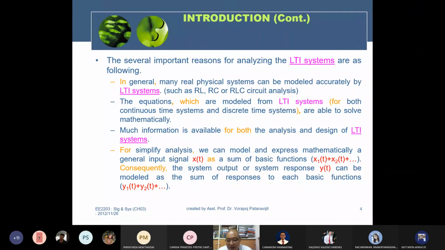It means if the input of an LTI system is complicated, instead of analyzing it as a whole, you can separate it into simple inputs x1, x2, x3, x4. When you want to determine the response or output, you determine the response of each simple term instead.